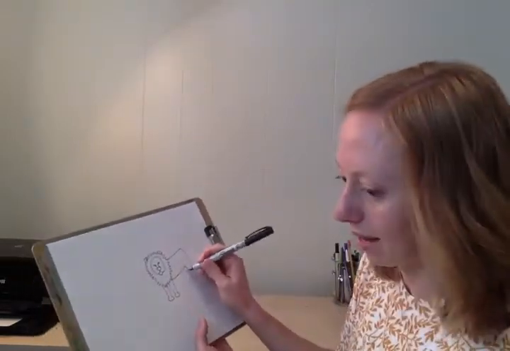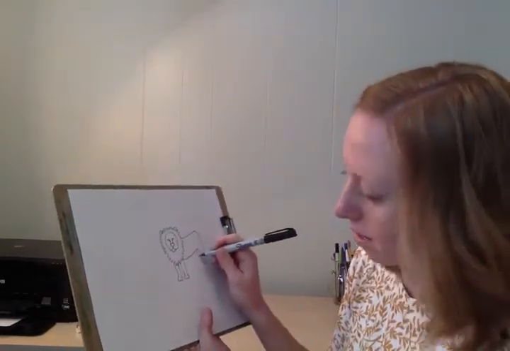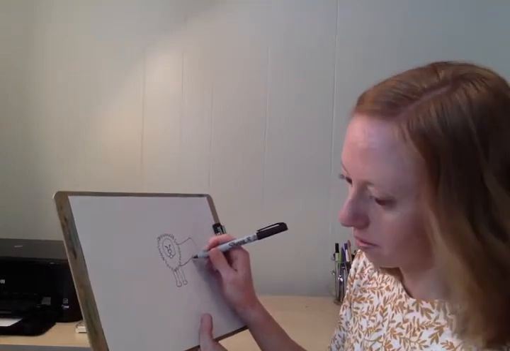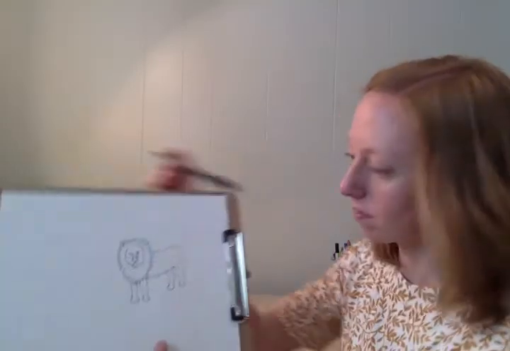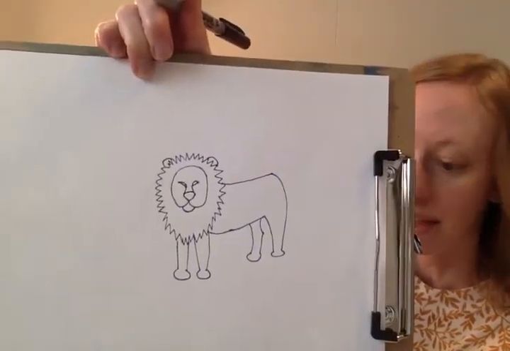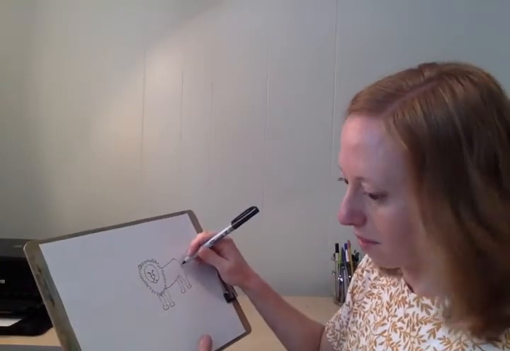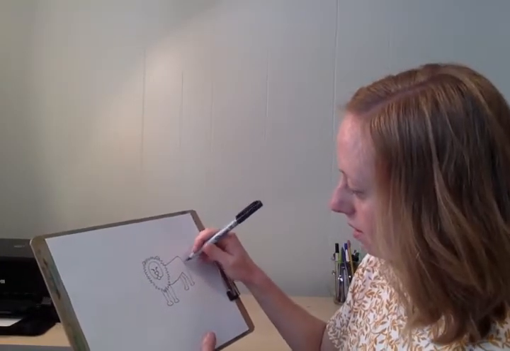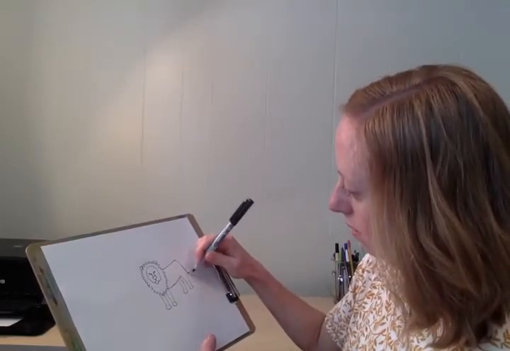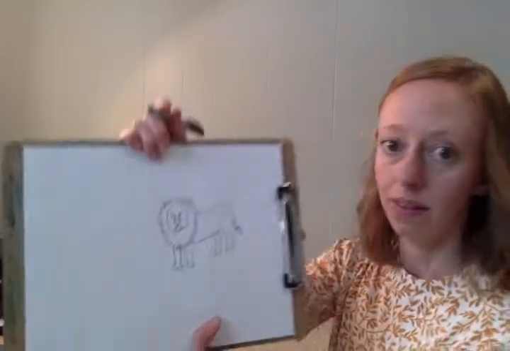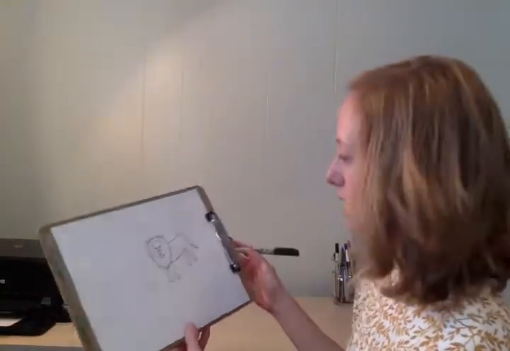And here's one more leg that we can see. Maybe it kind of curves back and forward. I'll show you that. Okay, and then a tail. So we see the tail coming off to the side here. Maybe a thin tail here. Okay. And then there's our lion.